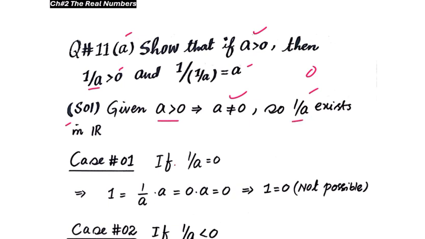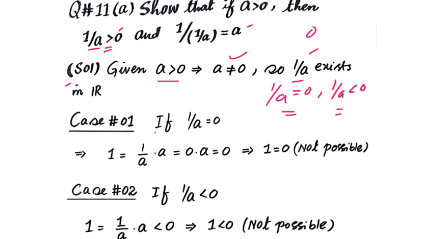So the first case: if we have to show 1 over a is positive, for this we will show that both inequalities, 1 over a equal to 0 and 1 over a less than 0, do not hold here.